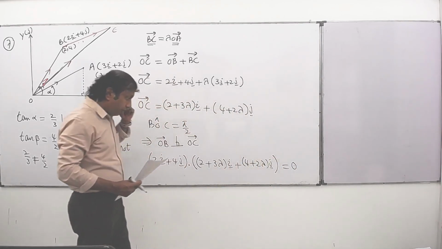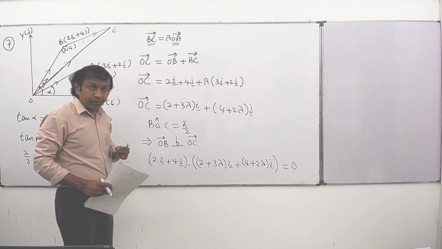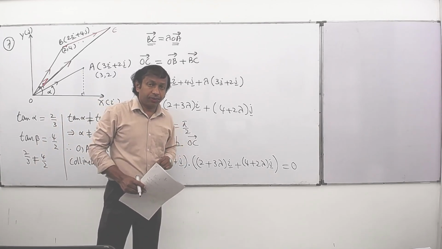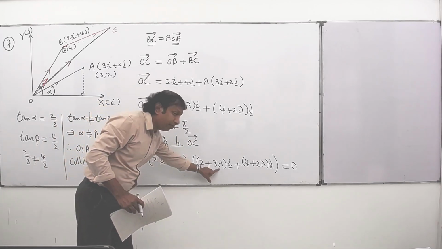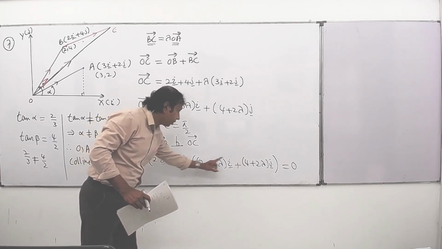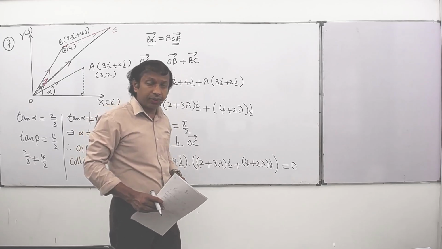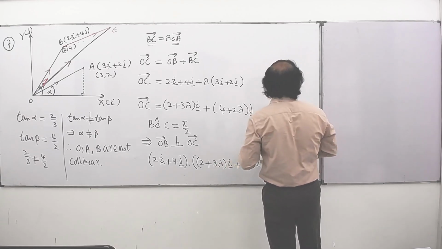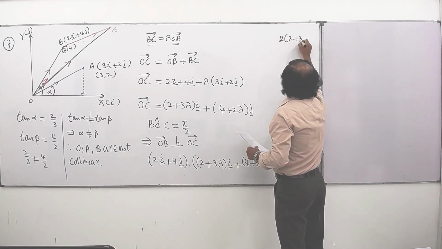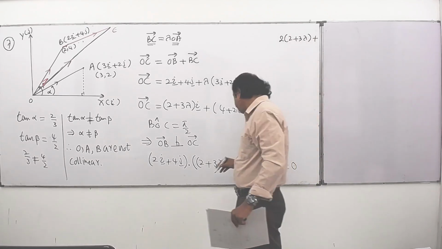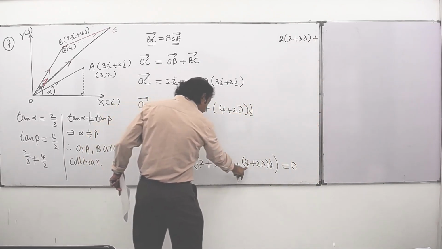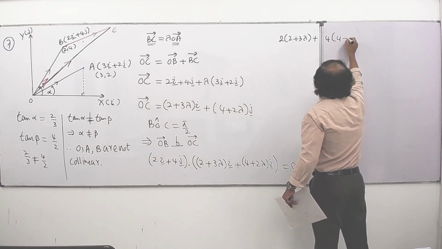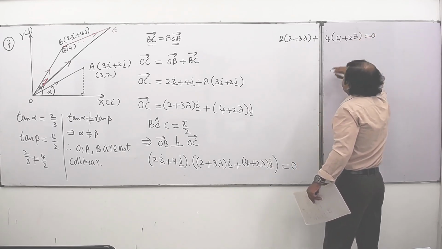You know, when you take the dot product between two vectors involving i and j, we multiply the i coefficients and the j coefficients. That's how we simplify it. Then we get 2 times (2 plus 3 lambda) and next, 4 times (4 plus 2 lambda) should be equal to 0.